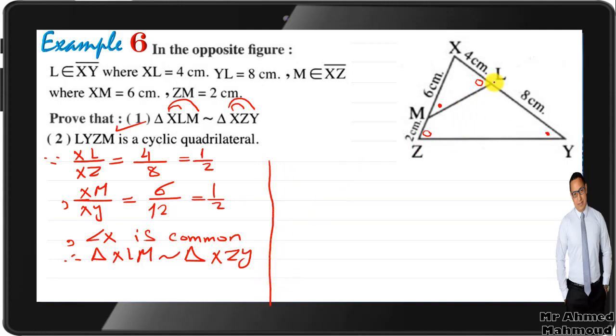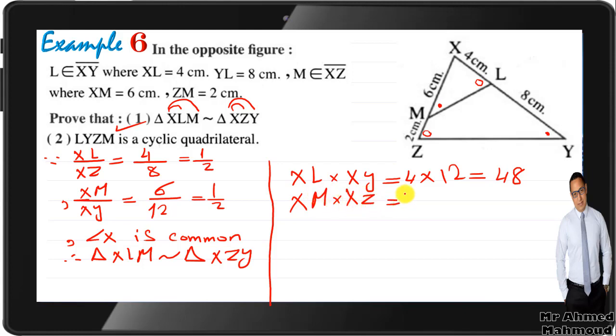I need to prove LYZM is a cyclic quadrilateral. Okay, so I'm going to find XL times XY equals 4 times 12 equals 48, and XM times XZ equals 6 times 8 equals 48.